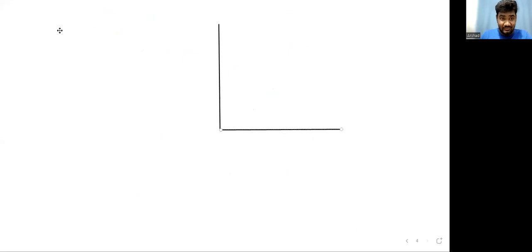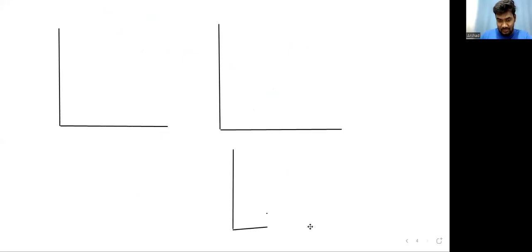There is one curve, there is another curve, and there is another curve like this. There are three curves. Okay, this is the PPC. So let's draw an increasing opportunity cost PPC for the good.